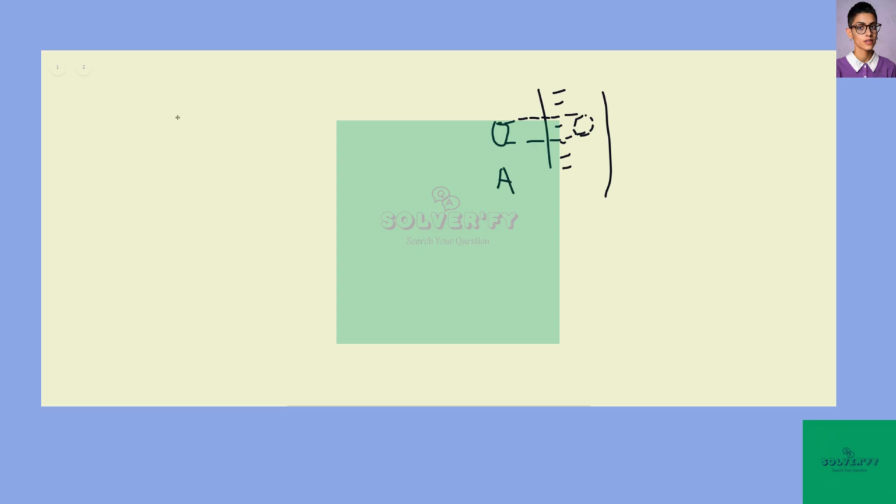From this, we can use Gauss's law, E dot dA. What this tells us is that this corresponds to just negative E A equals charge enclosed over epsilon naught.